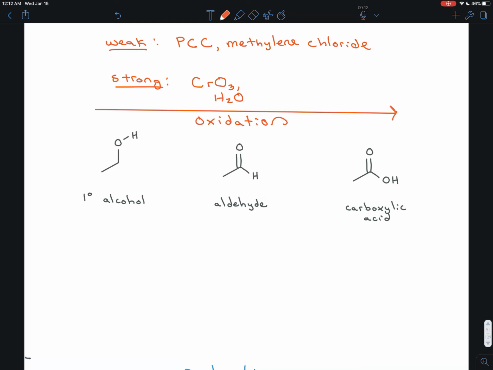Another way is chromic acid, H2CrO4. If you're familiar with sulfuric acid, H2SO4, notice this is the same kind of idea, but instead of the sulfur, you have the chromium. And then the other way to write this is either as sodium dichromate, Na2Cr2O7, or potassium dichromate, K2Cr2O7.